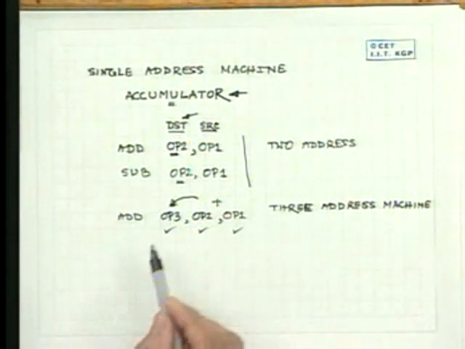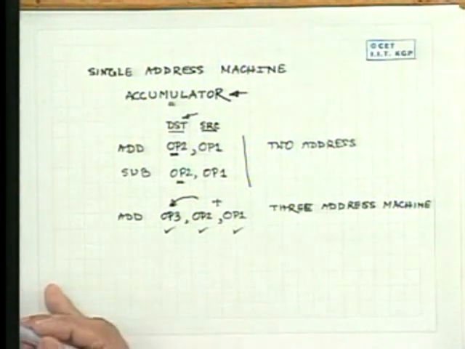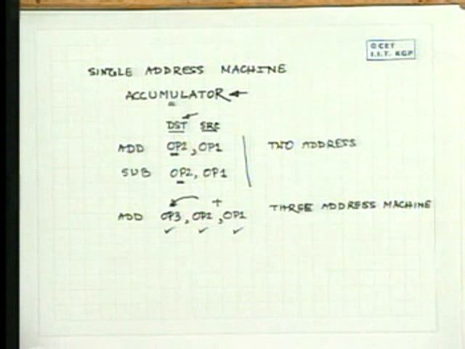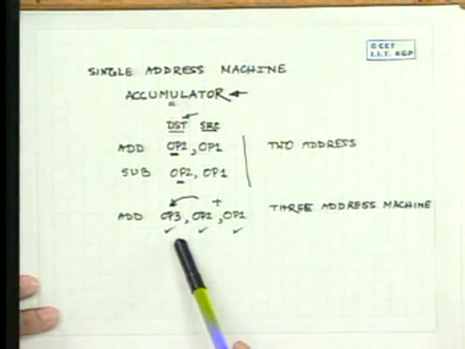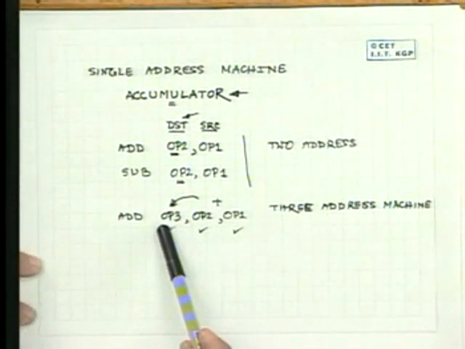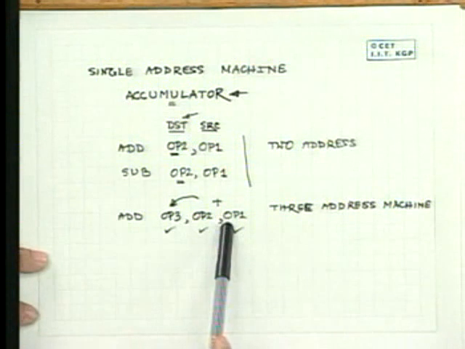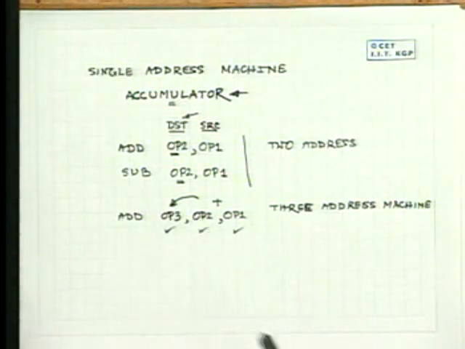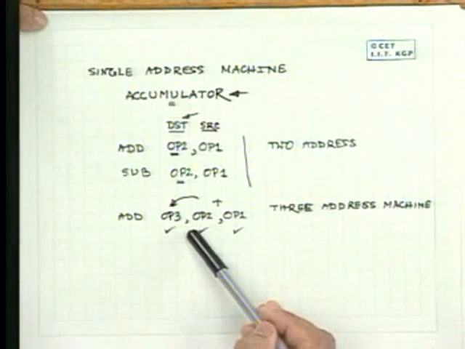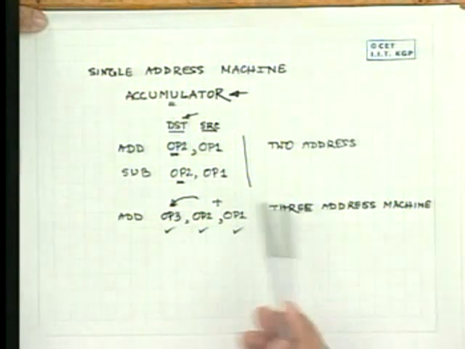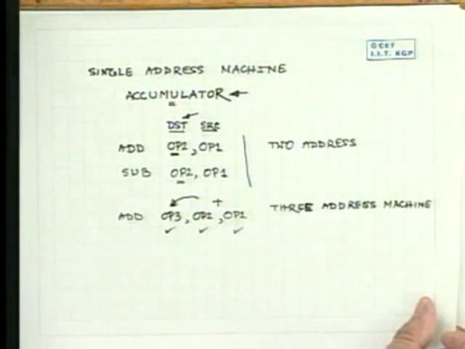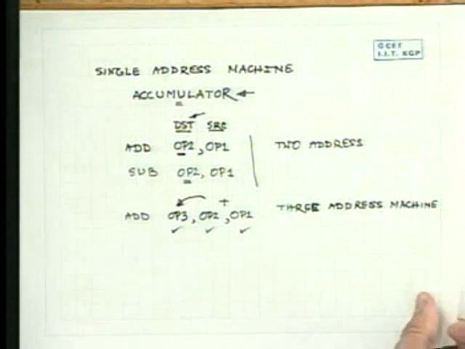And once more, in the case of a 3-address machine, the maximum number of operands that we can specify in an instruction is 3. It can be 2, it can be 1 also, as we'll come to examples later on.